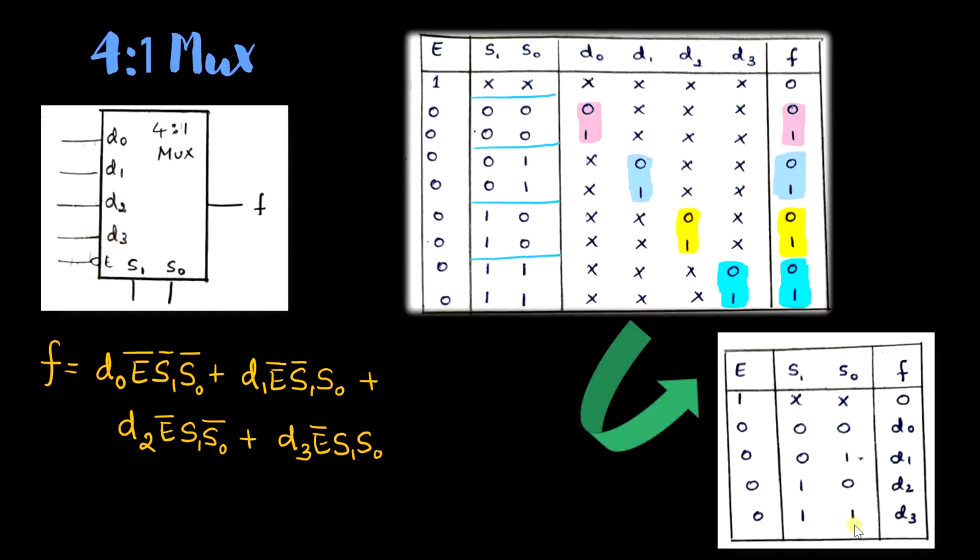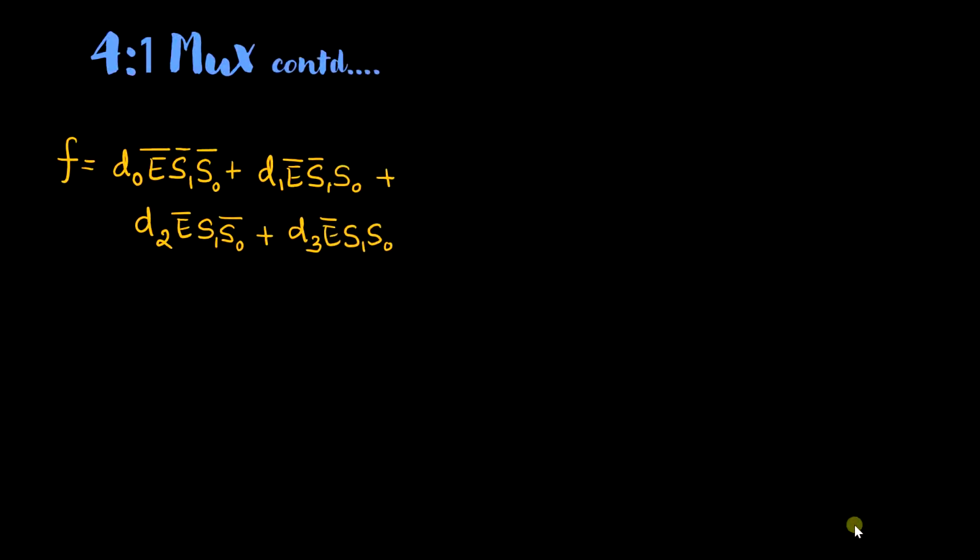Now from this SOP equation for a 4:1 mux, we can draw the logic diagram.